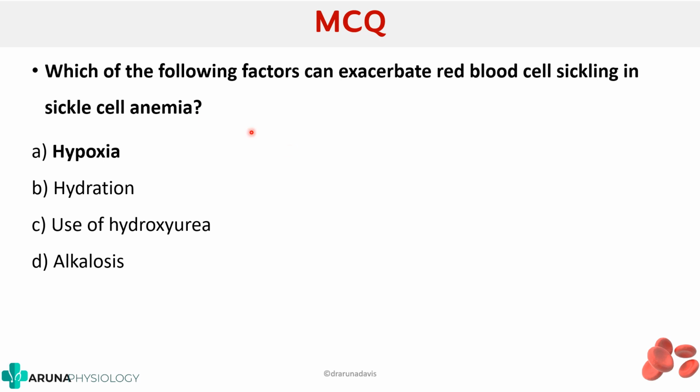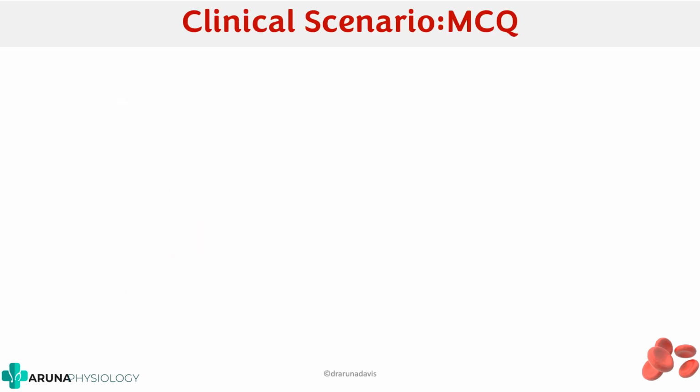See, there is an option here called use of hydroxyurea. What is hydroxyurea? Actually, it is a drug which we give in sickle cell anemia because it will favor production of hemoglobin F. It will decrease the sickling of RBCs. So hydroxyurea is actually good for sickle cell anemia. Okay. So these were the questions on sickle cell anemia.